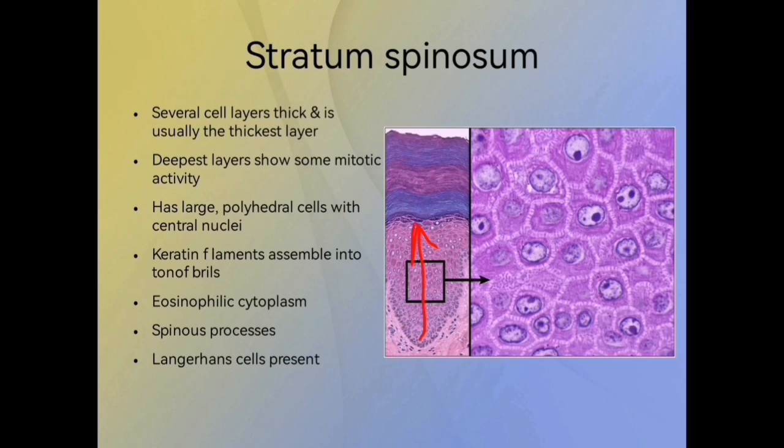If you look closely, you find that in the intercellular spaces we have little spines projecting. These are the desmosomes holding the individual cells together. They are apparent here because during the preparation the cells shrink a little, making these desmosomes visible.